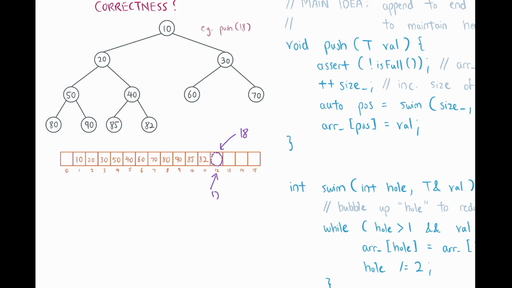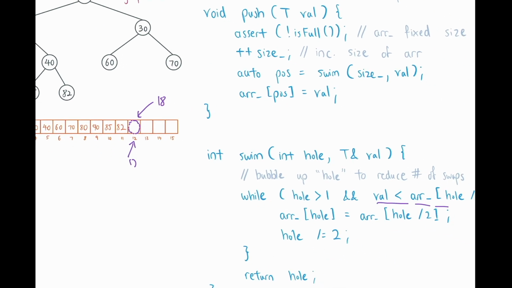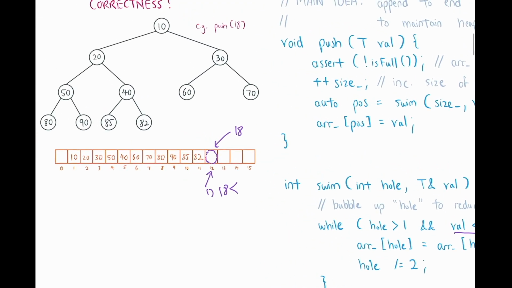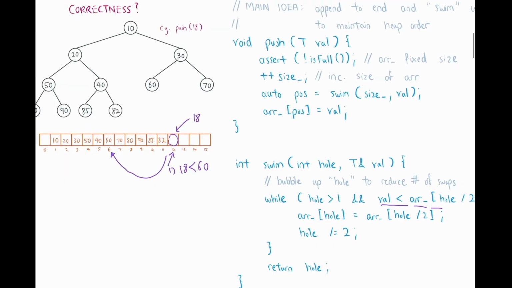We check whether the value is less than or equal to what is stored in the parent, which we get by dividing by 2. 12 divided by 2 gives us 6, so we jump here and compare whether 18 is less than 60. Indeed it is less than 60. So we will need to, as you can see over here, let me just zoom out a bit.